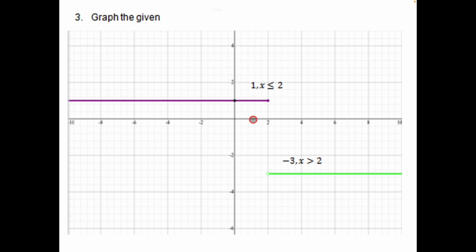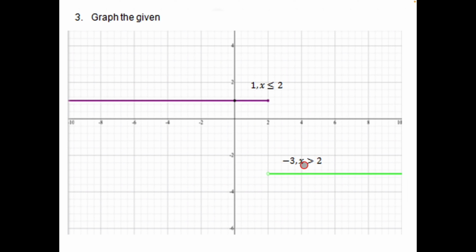So, this is 1, 0, negative 1, negative 2, negative 4, negative 6, papunta dito sa kaliwa. The arrow will go to left. So, that's why we have here x is less than or equal to 2. Then, yung y mo, pinakamataas mo dapat dito is 1. So, this is a linear kasi straight line lang siya.